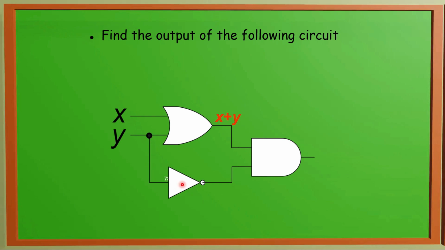Y alone is going to this NOT gate. So at the output of this NOT gate we will get Y bar. Now we have X plus Y and Y bar as the input of AND gate. So there will be product of these two terms. So at the output we will get (X plus Y) into Y bar. So this will be the output of this circuit.